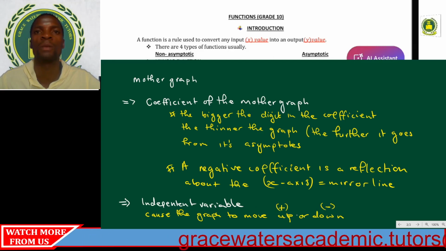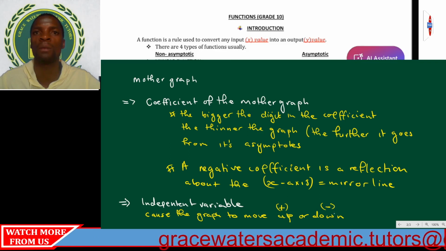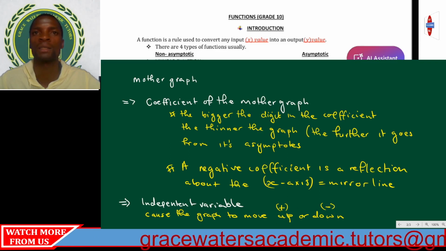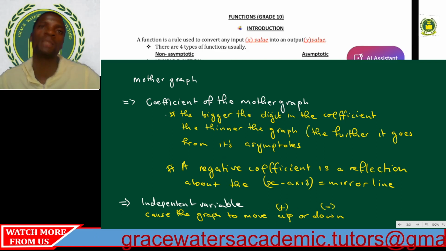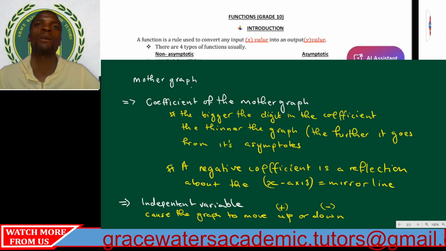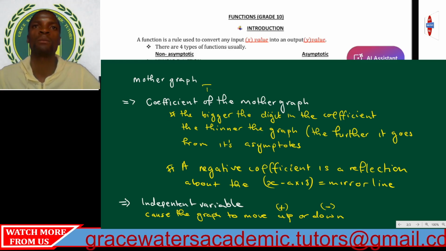So the moment we are moving up, we are adding, and the moment we are moving down, we are subtracting. All right, so these are the important parts of how we transform the mother graph, okay?